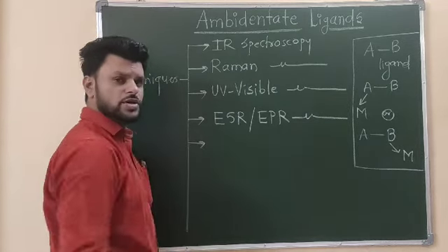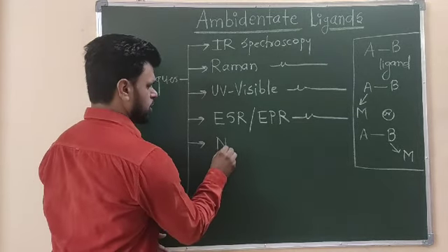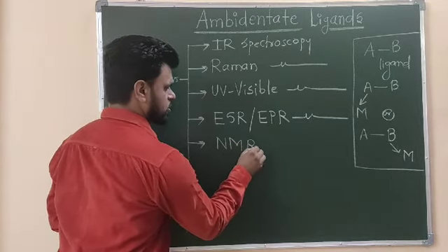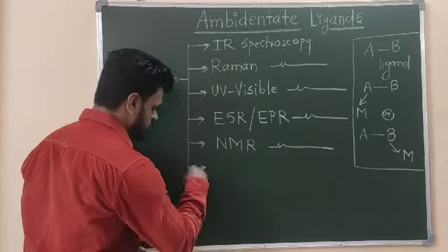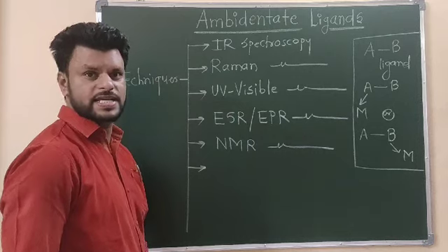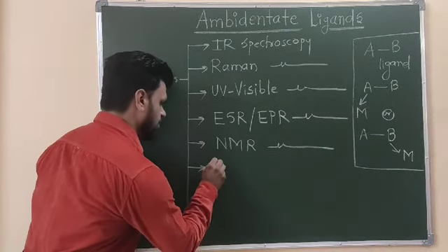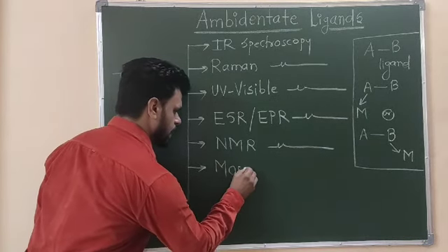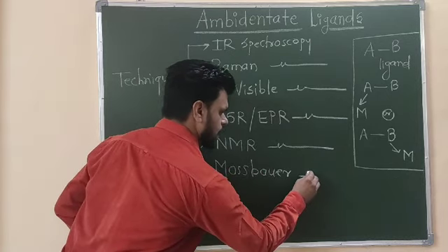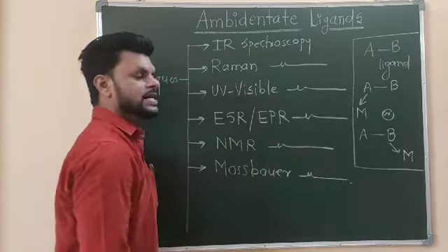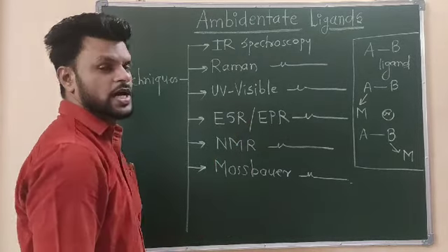Then we can also employ nuclear magnetic resonance spectroscopy. If we have especially iron complexes or tin complexes, the Mossbauer technique will help to investigate the type of bonding. These are the techniques we can use.